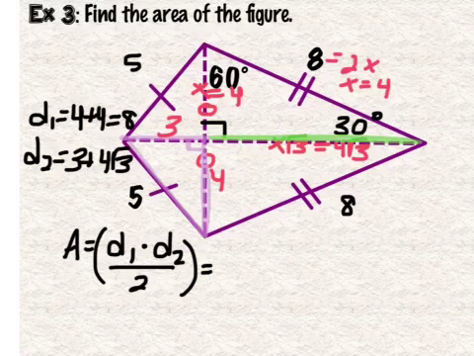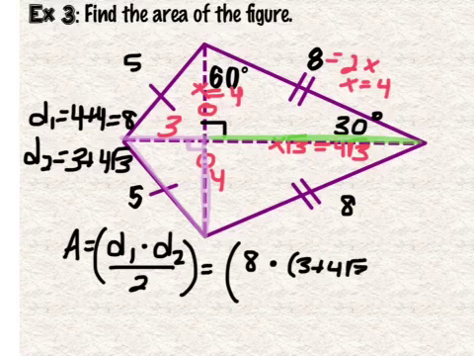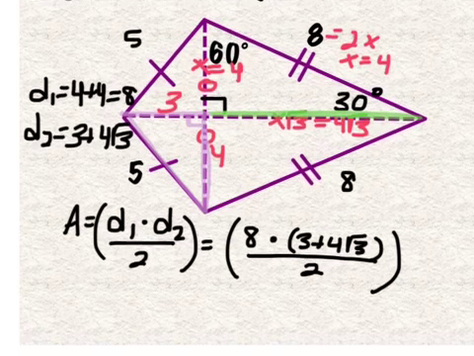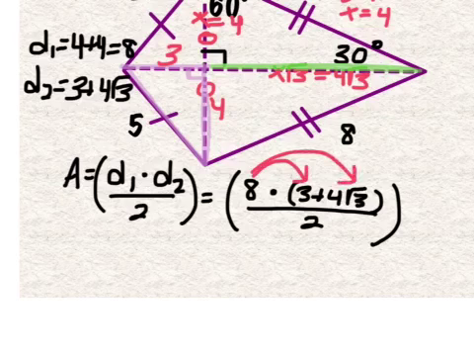So when I fill in my formula, I've got 8 times, I'm going to use parentheses for my second diagonal, 3 plus 4 root 3, all divided by 2. When you are simplifying, the reason I use parentheses is so that you will remember to distribute the 8 to both pieces of the second diagonal.